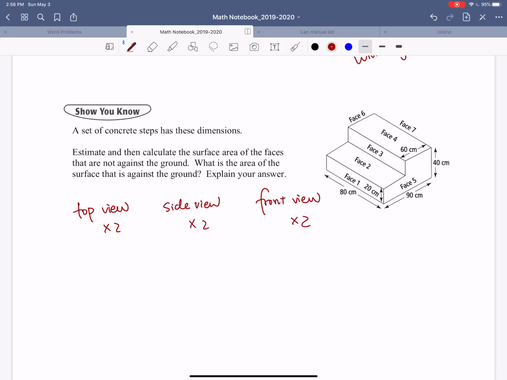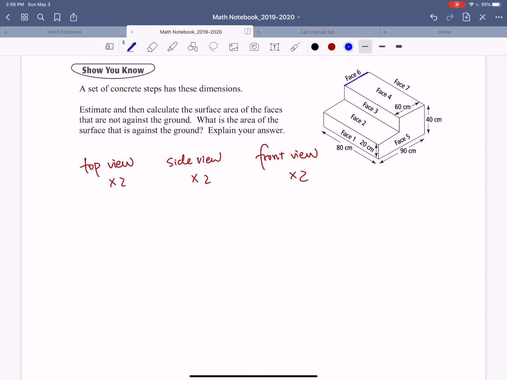Okay, just don't leave out any surface. The top view is basically this surface here and this surface here. Okay, if you redraw it, if you look at the stair from top down, it will look like this. And this is going out, this is going in. This is step 1, step 2, step 1, step 2. Okay.